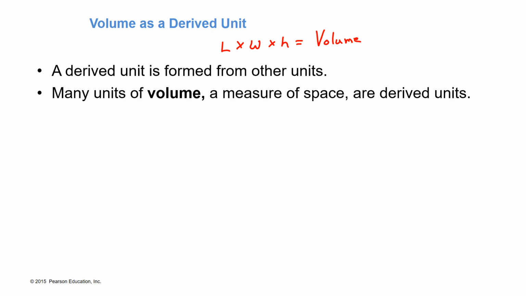And when I'm talking about this, I'm talking about a regular shaped object, something that we can measure length, width, and height on. So volume is a product of length times width times height. If it's a liquid volume, then we can measure it directly with a graduated cylinder, something like that.